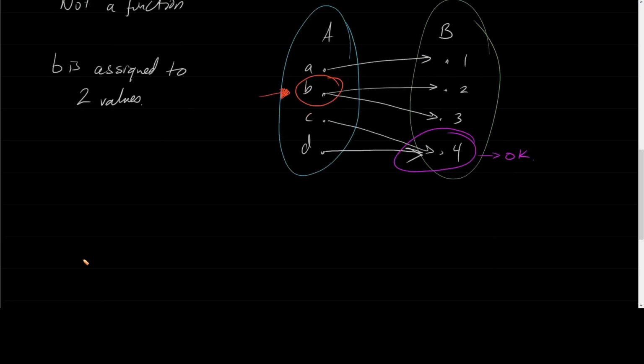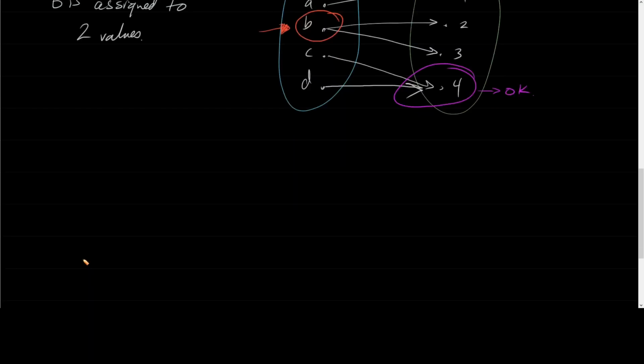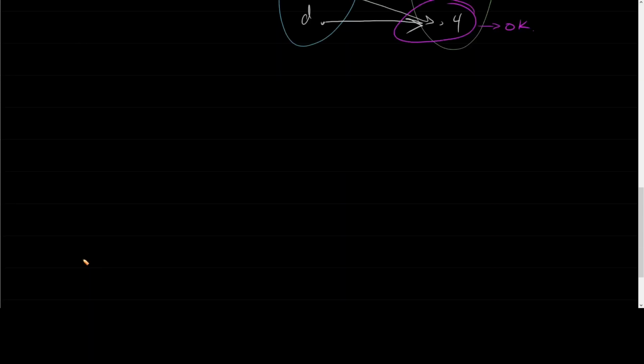So essentially, we've got a couple of different characteristics that we can talk about to put it all together on how to tell if we have a function between 2 sets.